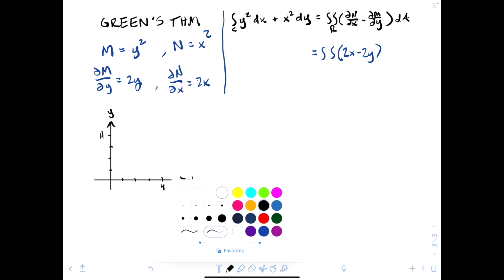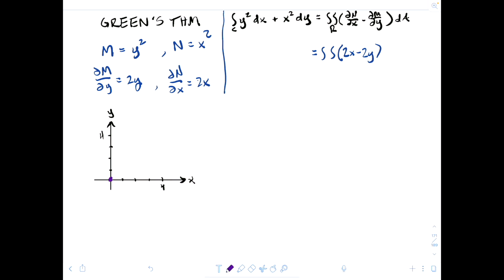And remember, we had this triangle with vertices (0, 0), (4, 0), and (4, 4). Okay, so what we have going on, remember, is if we're going to do a dy dx, then we've got to have a function of x in that inner integral, right?